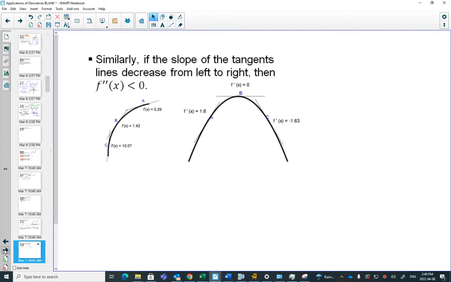Similarly, if your slopes are decreasing as you go along, you will always have concave down.